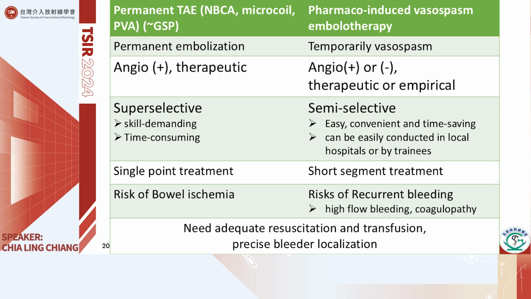It can be used in angiopositive or negative patients with therapeutic or empirical intent. It only needs a semi-selective technique, which is very easy and convenient, and can treat a longer segment. It has a higher risk of recurrent bleeding, especially in high flow bleeding or coagulopathy patients. Both techniques need adequate resuscitation, transfusion, and precise bleeder localization.